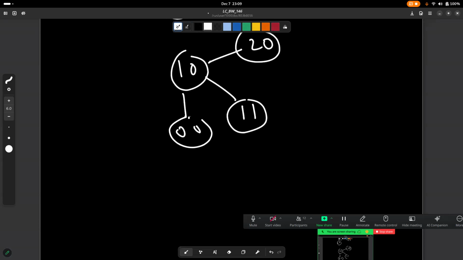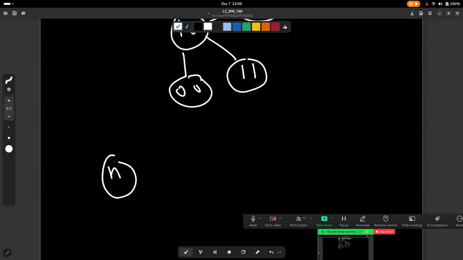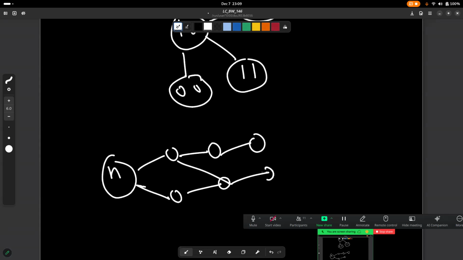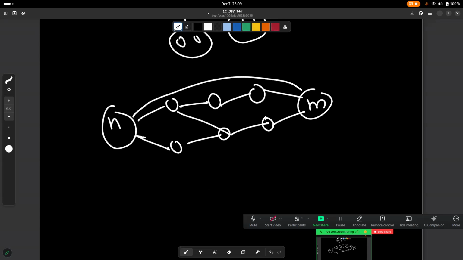So what I have is a bidirectional graph, and this graph can have any number of nodes and edges, and I want to find the path, the sum of whose nodes is minimum, a path which connects n to m and the sum of whose nodes is minimum.